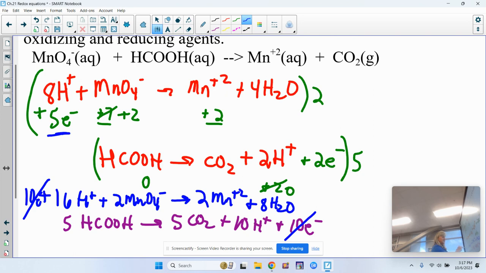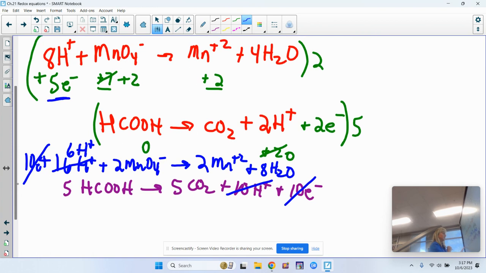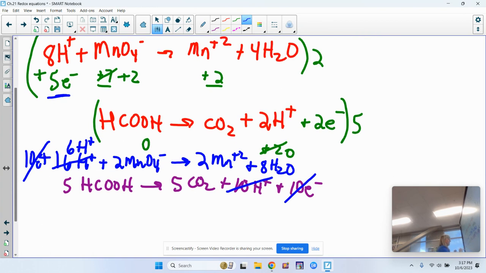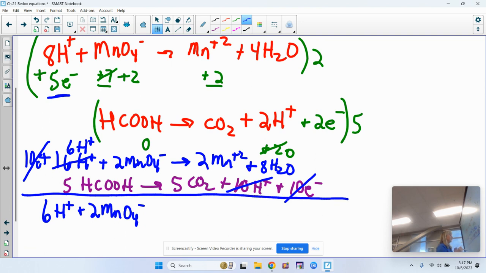And then I have 16 H+ on this side and 10 H+. So I can subtract out 10 H+ from both and get 6 H+ left over. And then I can just put those together and I will have 6 H+ on that reactant side plus 2 MnO4-, if you want to even draw a line to show you're adding those together.